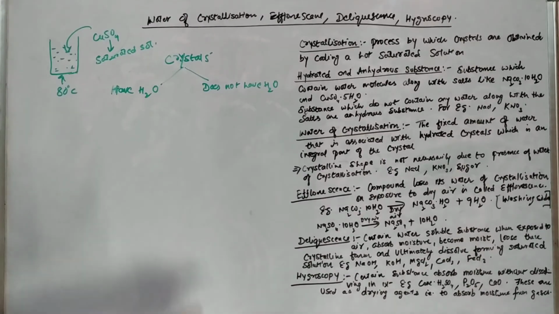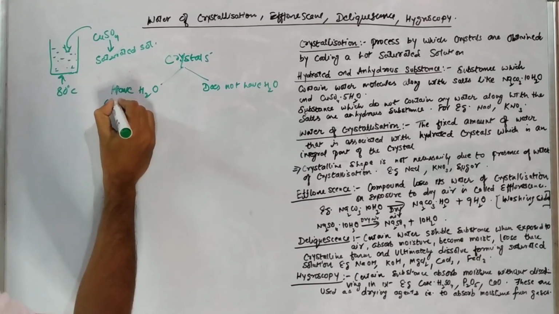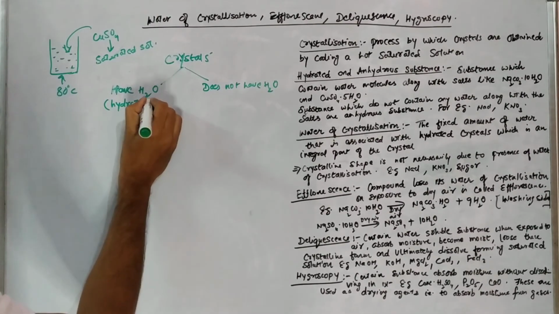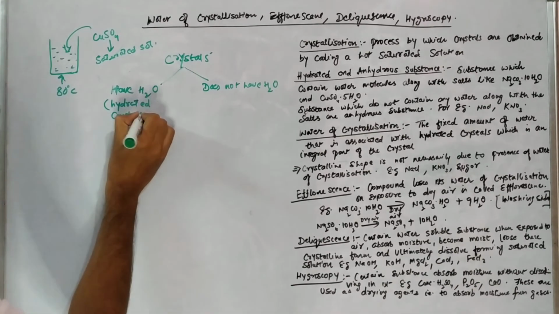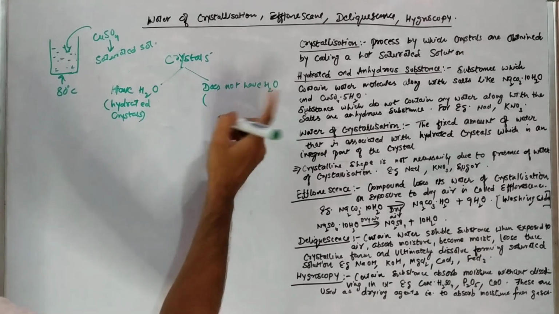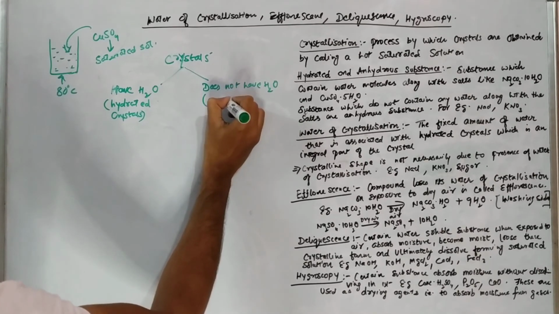The crystals that have water are called hydrated crystals, and those that do not have water are anhydrous crystals.